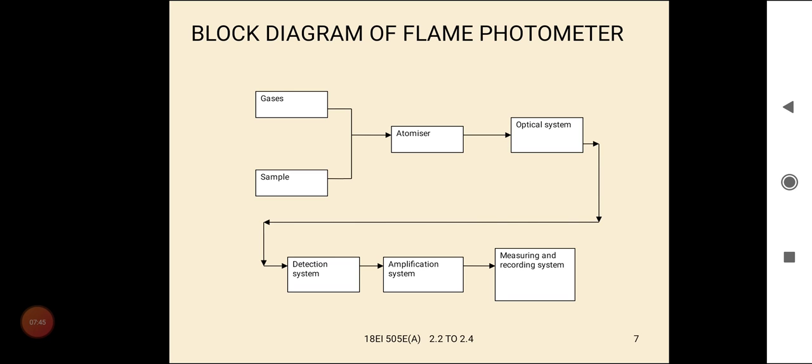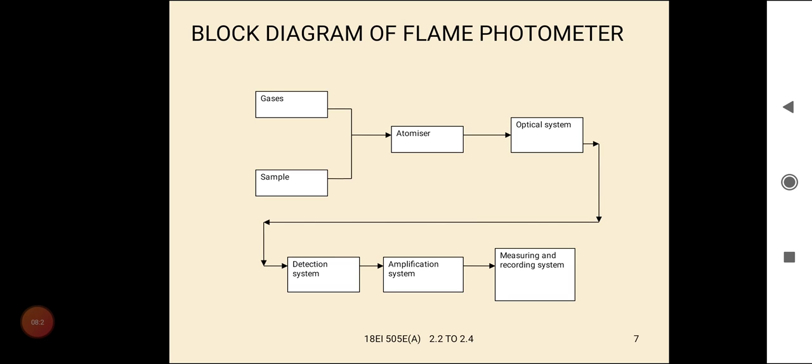The current signal is a weak signal, so it is given to the amplifier with a required gain suitable for the measuring system. In the measuring system, we can use a data acquisition system or a recording system. We can record the data. We can also print the data. So the recording of data is directly proportional to the concentration of the atoms in the sample.